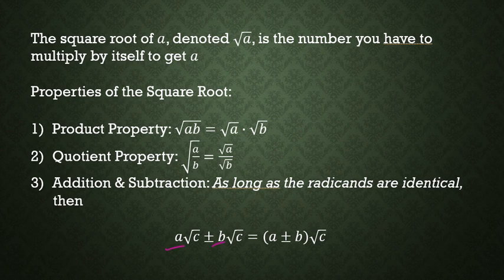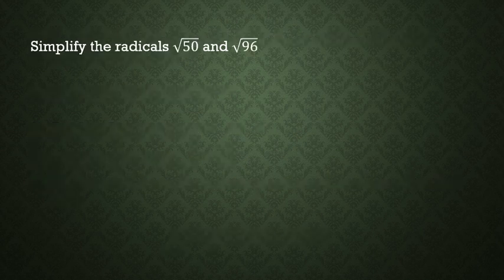So we're going to get some practice here, seeing how we use these properties. We're going to use that product property to simplify radicals, specifically these two here, the square root of 50 and the square root of 96.